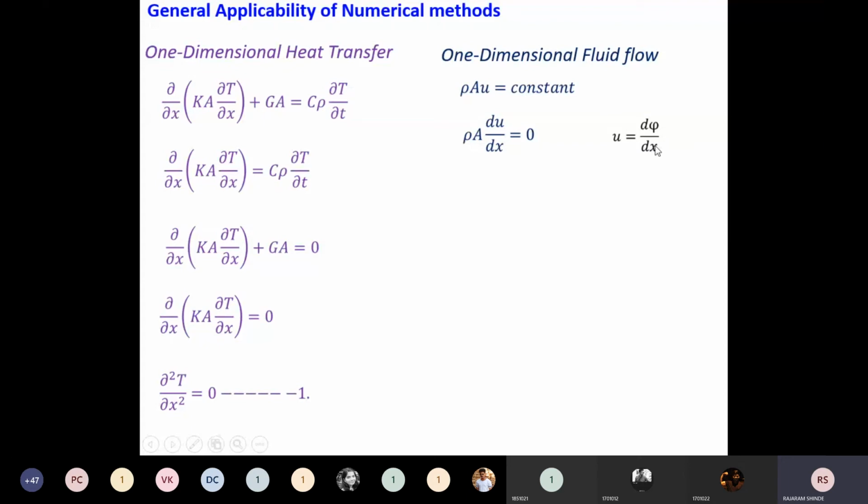Now, if I put this in this equation, I can get d/dx of rho A d phi by dx equal to 0. I can write this equation as A d2 phi by dx square equal to 0. Any doubt in these two equations? If you have doubt, you can ask me.